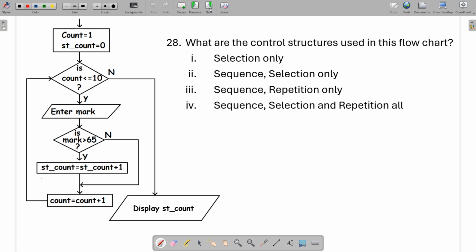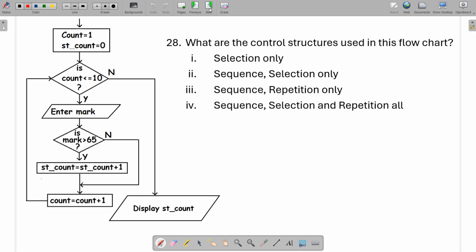28th, it is describing a flow chart. There is a particular portion of the flow chart which says the value of count is 1 and st_count is 0, and then they are asking whether count is less than or equal to 10.